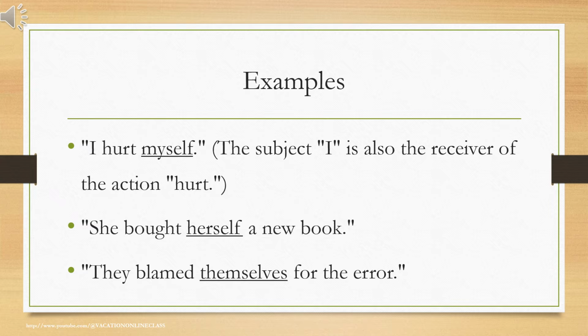The object or the receiver of the action is herself, and it is reflecting the subject she, meaning she and herself refer to the same person. Therefore, herself is the reflexive pronoun reflecting the subject she. Three, They blamed themselves for the error.